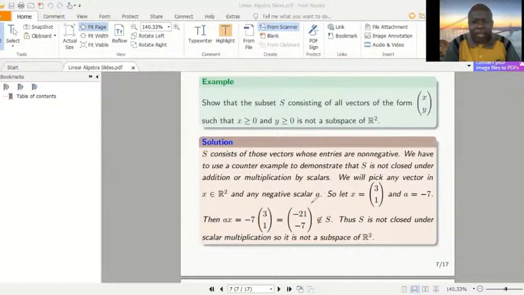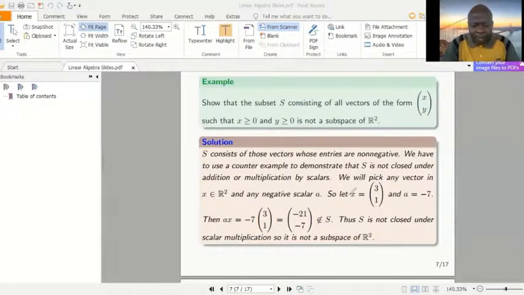I've chosen a negative scalar because if I had chosen a positive scalar, the product of this positive scalar and the vector would be in S. So I thought, what about a negative scalar? So I chose a negative scalar.